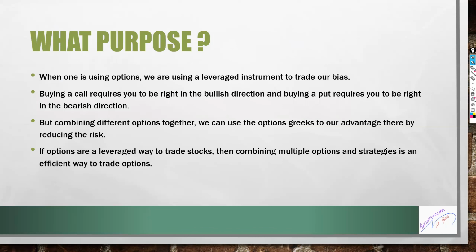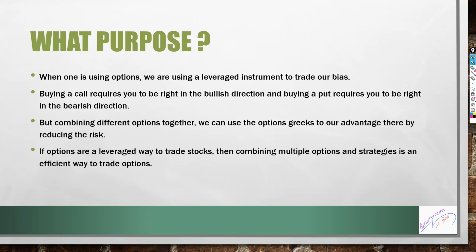When you're using options, you're using a leveraged instrument to trade your bias, correct? When you buy a call, you are bullish in direction. When you buy a put, you are bearish in direction. When we combine different options, we are using the option Greeks, and hence we are taking advantage of that leverage that options provide, and we can actually reduce our risk.